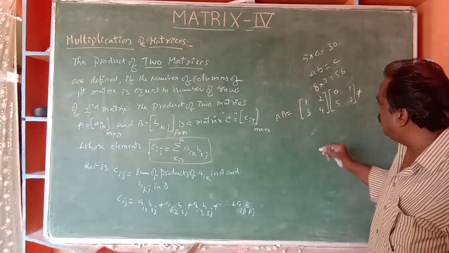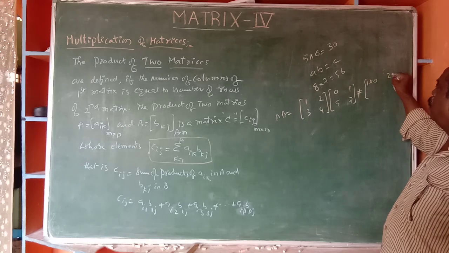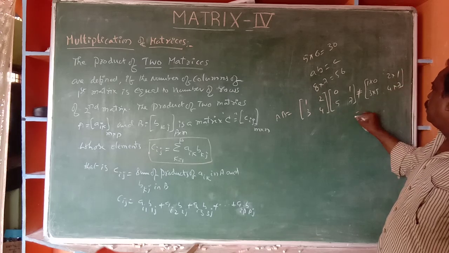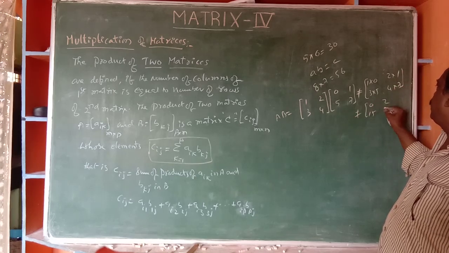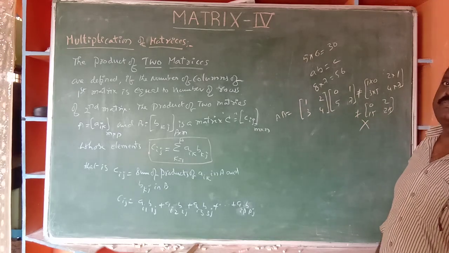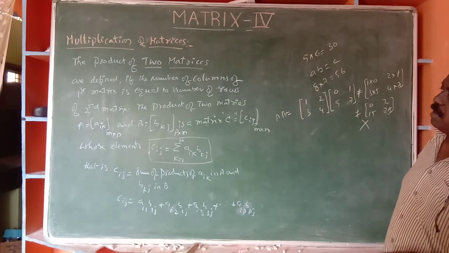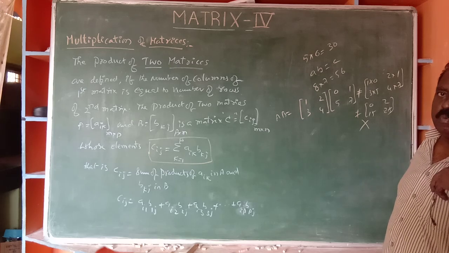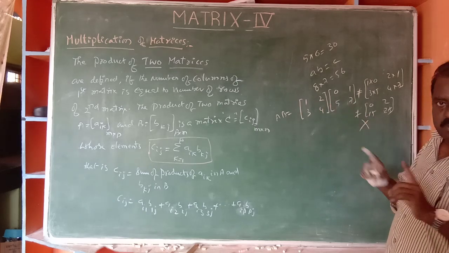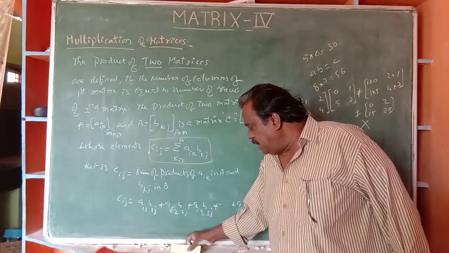It is not 1 into 0, 2 into 1, 3 into 5, 4 into 7, like that giving 0, 2, 15, 28. It is absolutely wrong. In the case of addition and subtraction, it is okay. But in the case of multiplication of two matrices, it is not obtained by multiplying the two corresponding elements. It is a different concept.